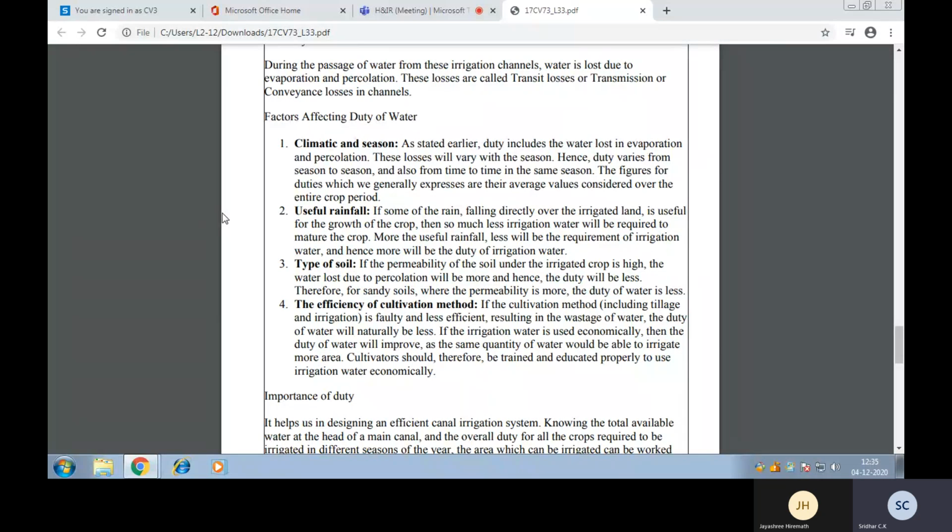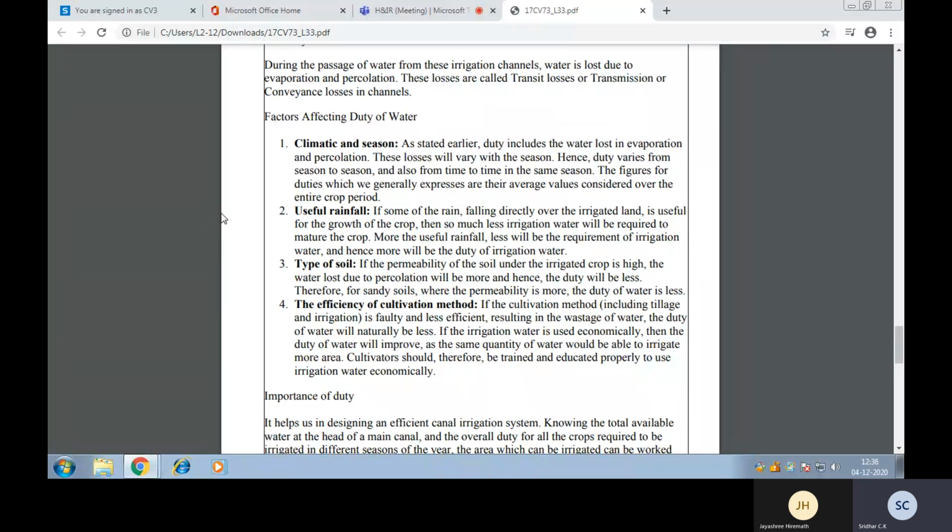If the soil is permeable, then it is very difficult to hold the water for a particular duration. Therefore, the duration happens to be very less, as I mentioned in the problem. Some of the intervals may be 10 days or 28 days.